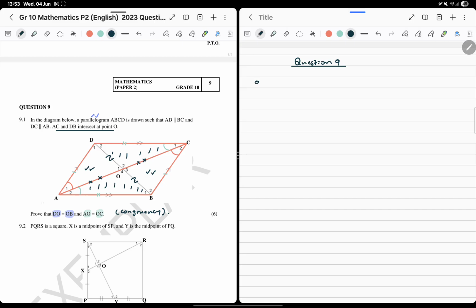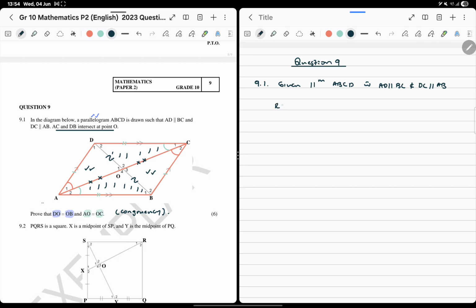We will say, well, 9.1. What are we given? We are given parallelogram ABCD with AD parallel to BC and DC parallel to AB. Now, what is the requirement?